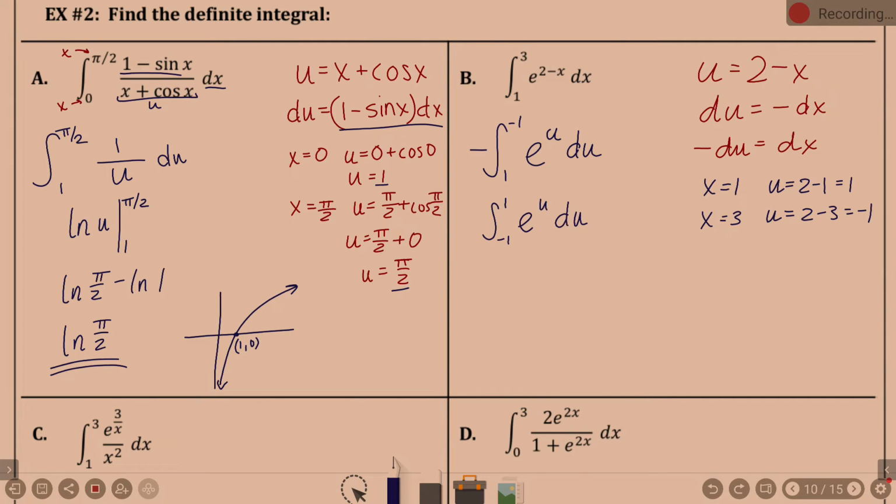And so you can rewrite this as the integral from negative 1 to 1 of e to the u. What's the integral of e to the u? e to the u, evaluated from negative 1 to 1. So e to the first minus e to the negative first.